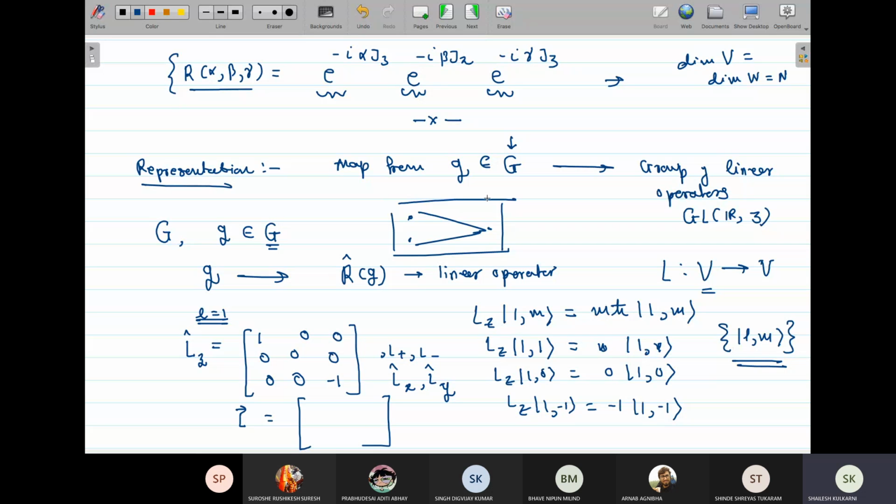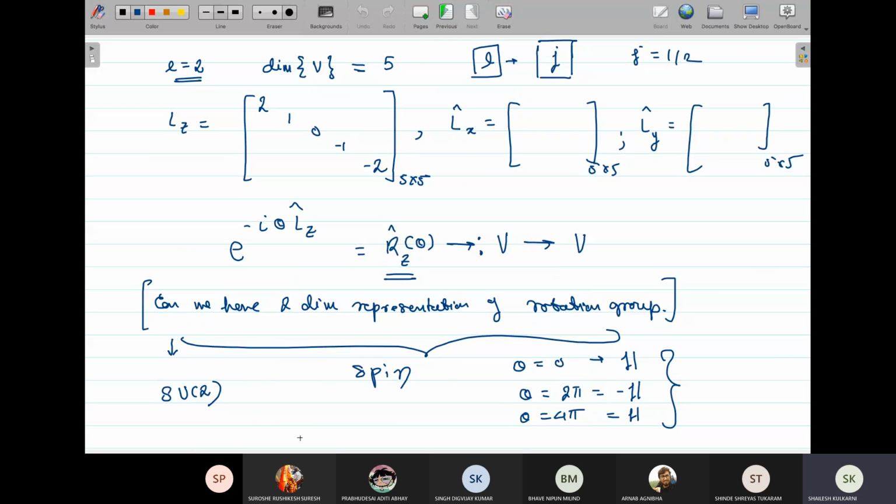If you give me two elements of SU2, I will tell you that certain two elements map to the same element in SO3. So you cannot identify these two elements. As far as SU2 is concerned, these two points are different, but as far as SO3 is concerned, it is the same point. We'll discuss that later on. I will just briefly mention what the problem is.